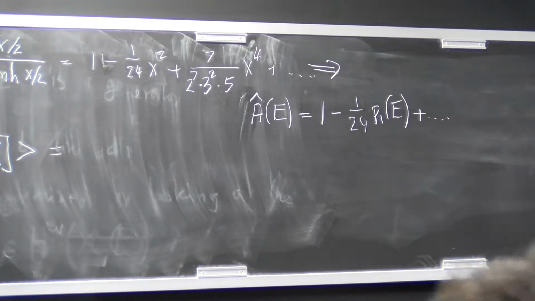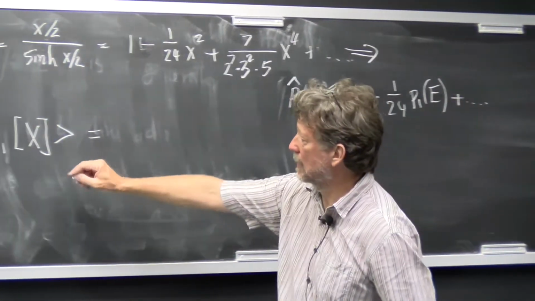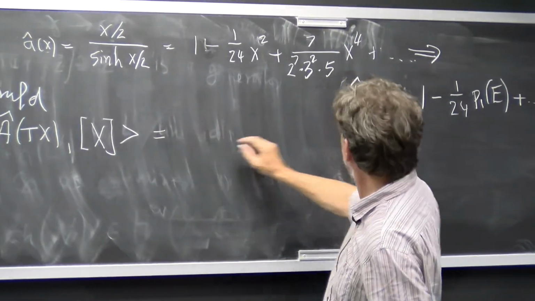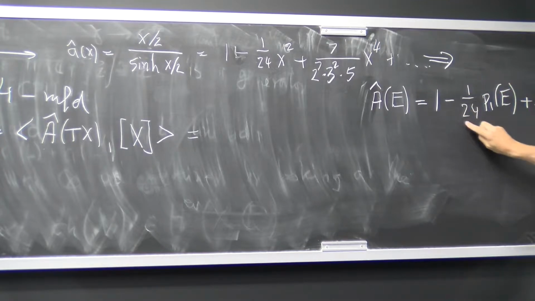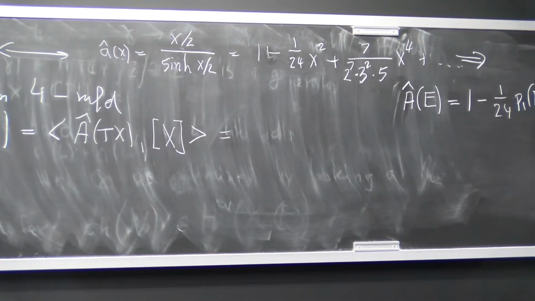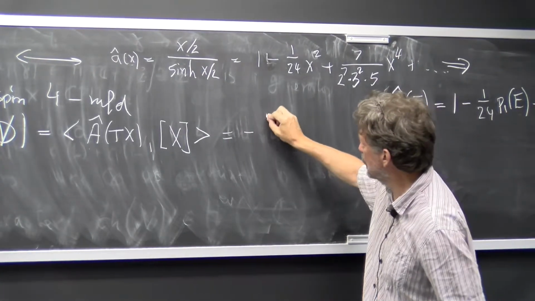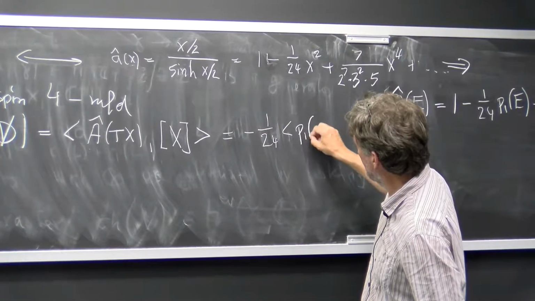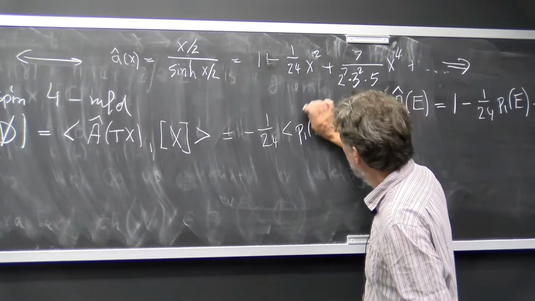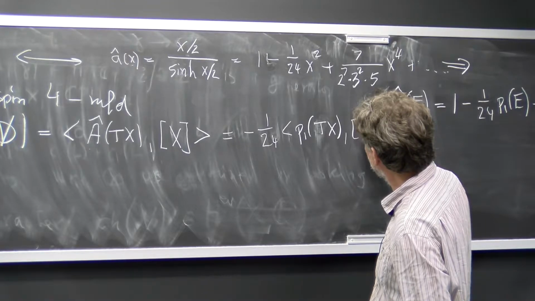plus higher terms. Okay? So then you can say, okay, well, plugging that in, the only relevant term for a 4-manifold is this 4-dimensional class evaluated on the fundamental class. So we get that this is equal to 1 over 24 times the first Pontryagin class of the tangent bundle of the manifold X evaluated on the fundamental class.